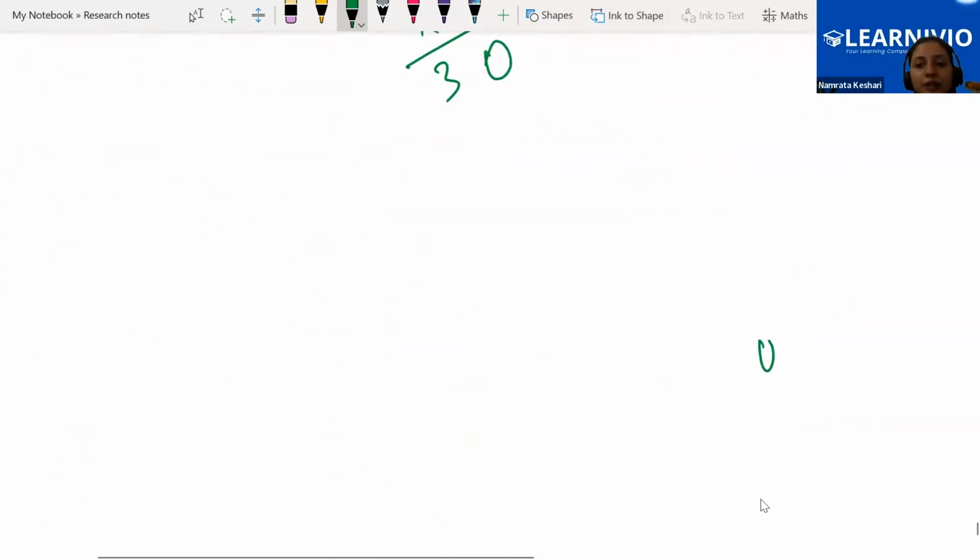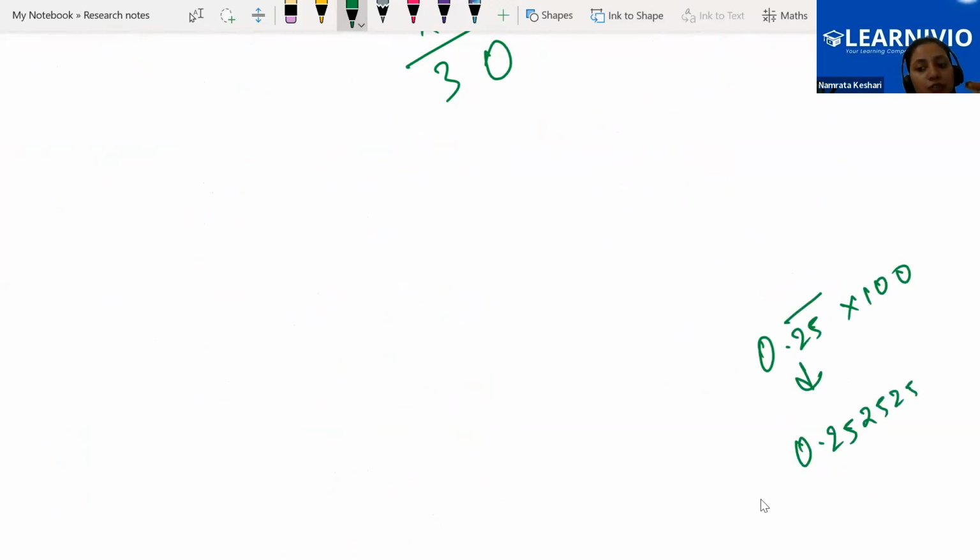0.25 bar into 100. We understand 0.25 bar means 0.25, then 25, then 25. This is the pattern. Into 100 we have to do. So what I said, multiply just number with number, so 25 into 100 gives 2525 bar 00.